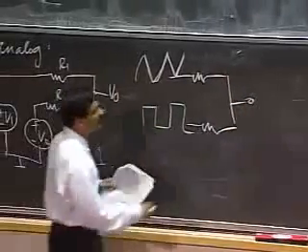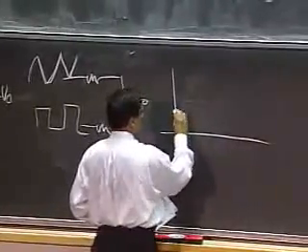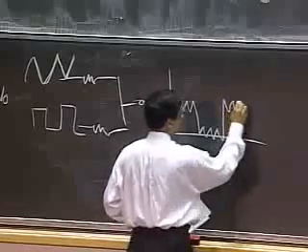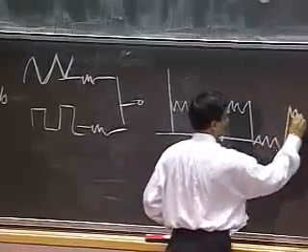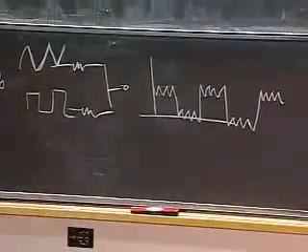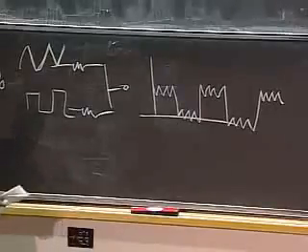And the output looked something like this. No surprise here. This is a simple analog signal processing circuit which gives me the average of two waveforms.